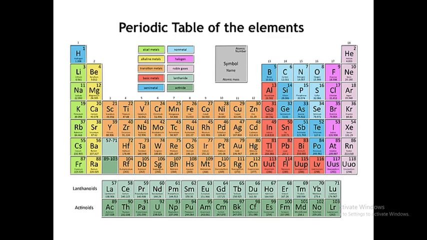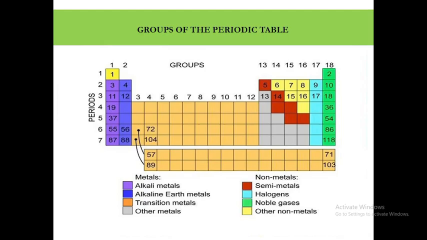These elements are arranged in the periodic table according to their groups and periods. The horizontal rows are periods, and the vertical columns are called groups.